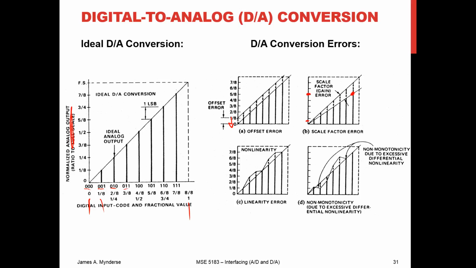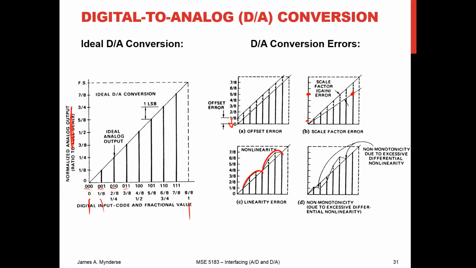So the slope is wrong. That's something we could calibrate out, but certainly we don't want to have to calibrate it out. More likely is you're going to have a nonlinearity, and the nonlinearity says, well, it's not going to be straight, and it's not going to be just a change in y-intercept or slope. It's going to be something more complicated than that, something that no longer follows a linear, straight line.